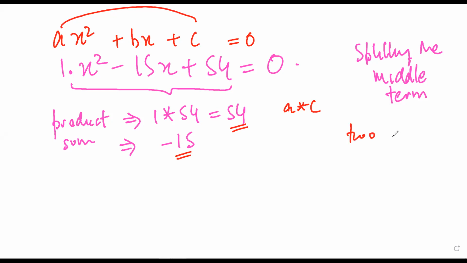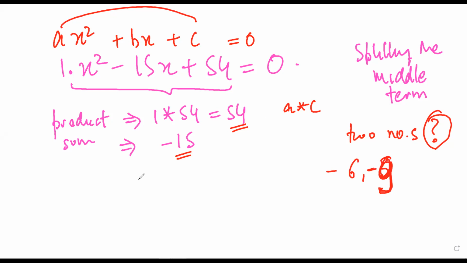So we need to find two numbers. Sarthak, what would be the two numbers? Minus 6 and minus 9. Why minus 6 and minus 9?